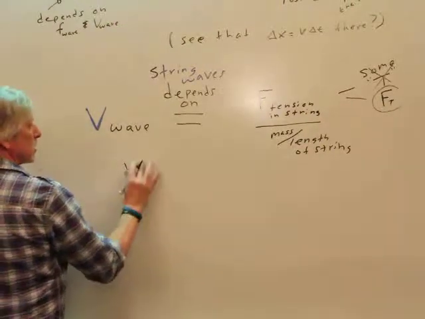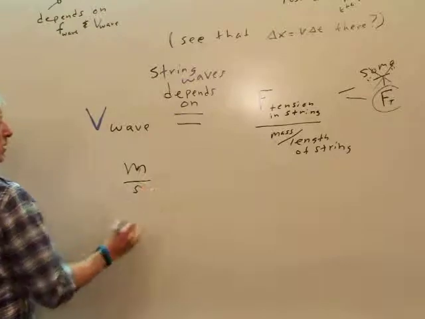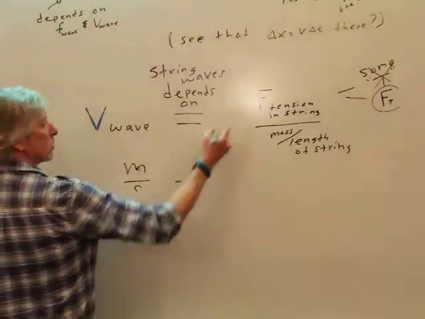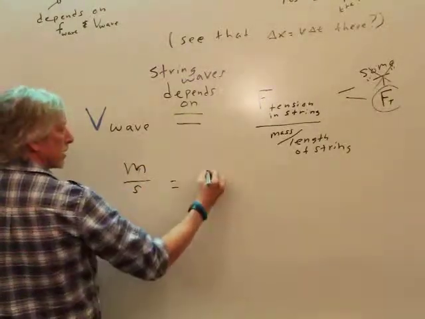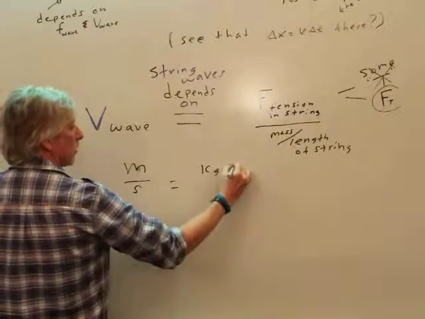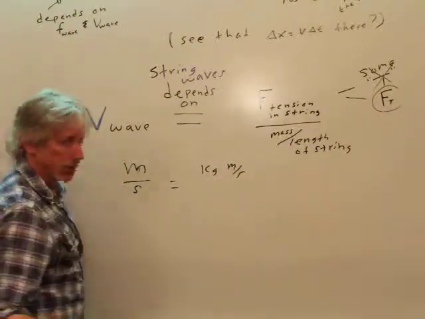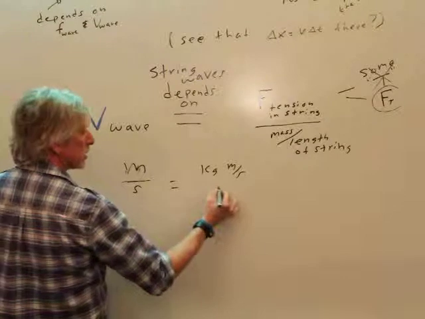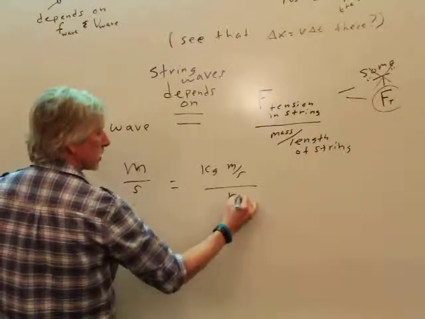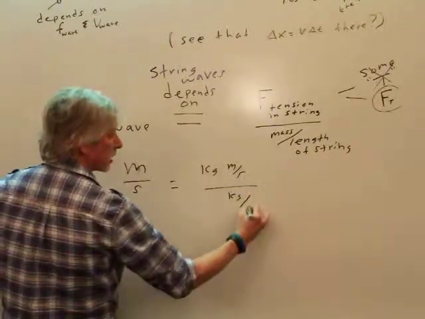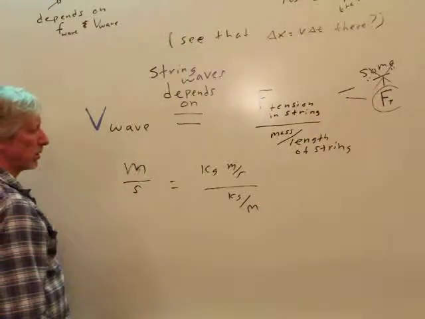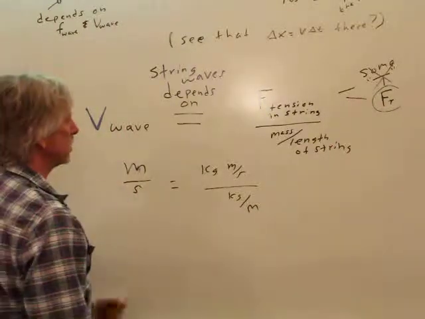I always check my units, because that's what I'm getting to know, just getting to know you. Okay, that's equal to a Newton. I'm going to use SI, so that's a kilogram meter per second, like MA, but we know MA is not a force, divided by mass, which is kilogram per length, which is M. All right, cool.